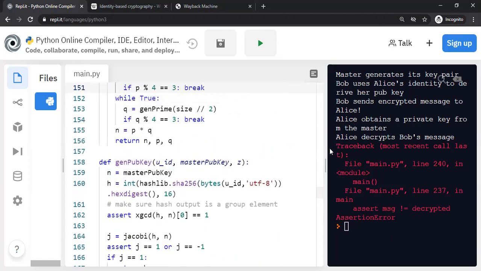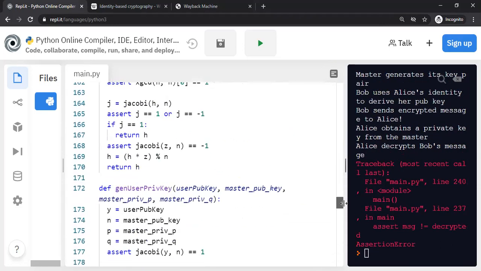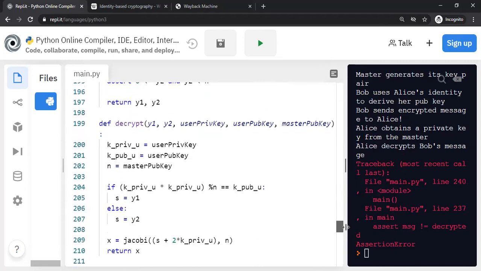Let me show you the decryption. Decryption requires user's private key, user's public key, and the master's public key. Master's private key is never leaked, of course. And remember, I said there are two options. Either the square root of R is A or minus A, and that is something the decryption process will check and select one of the incoming ciphertexts.